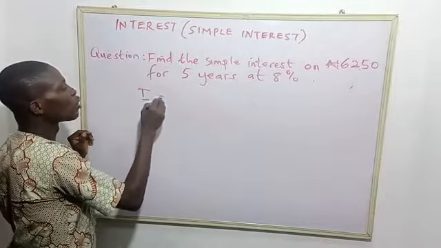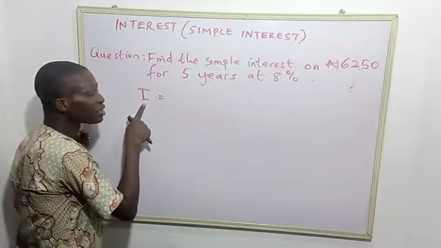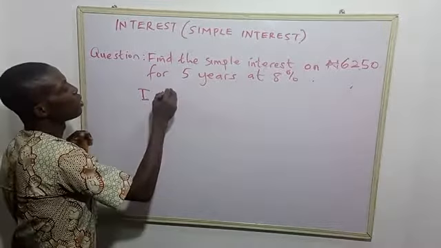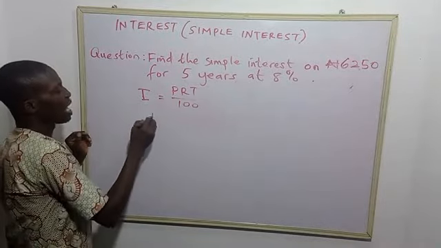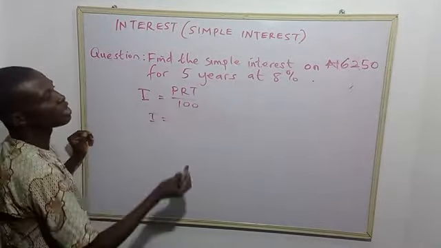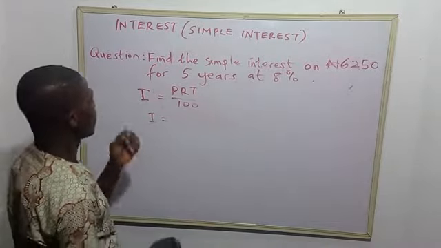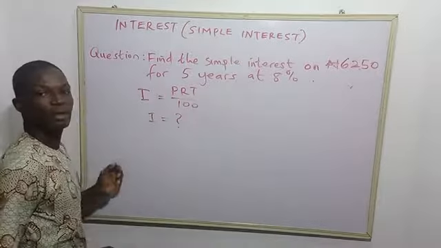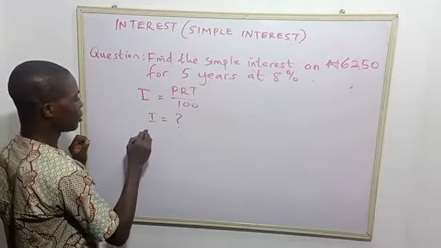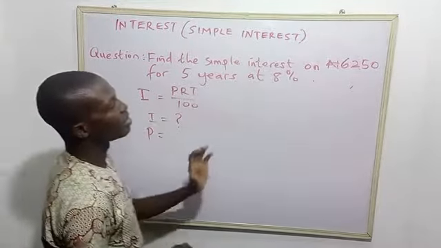The I equals to, I believe by now you know the I means the interest, equals to PRT over 100. So I equals to principal. What's our principal here? Okay, so let's write those things out. The I, we don't know. Put question mark. The P, which is our principal, find it first.